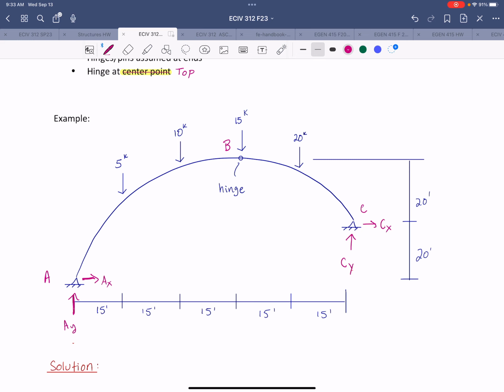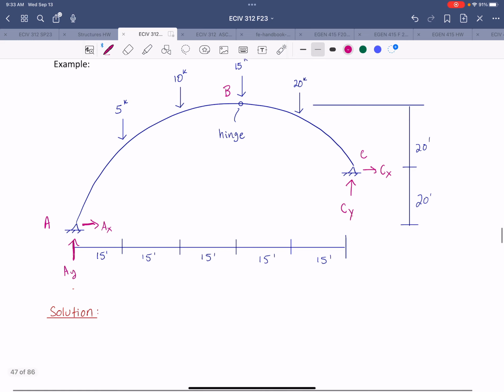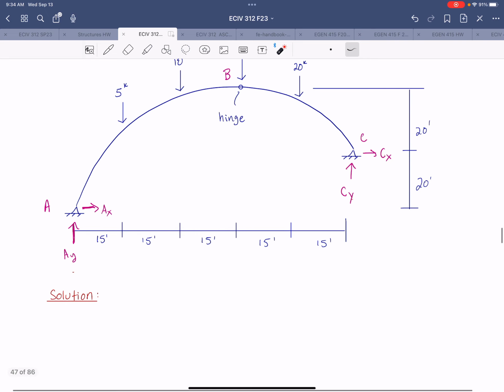Initially I'm just assuming everything in the positive direction, but intuitively you can deduce that your CX will actually be in that direction to hold that arch in place, because the arch wants to move out like that, so the reaction forces have to oppose that. If you want to intuitively just flip this around to start with, go for it.